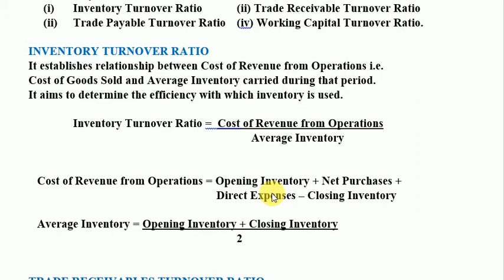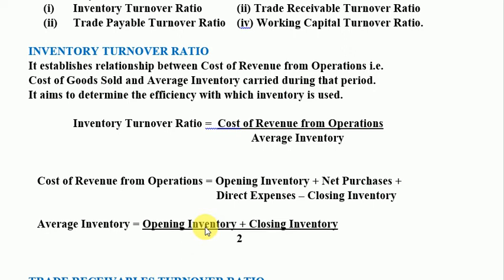Once you arrive at cost of revenue from operations, this is taken in the numerator in the formula, and the denominator is average inventory. Now what is average inventory? Average inventory means opening inventory plus closing inventory divided by 2. Do you remember in trading account we used to show on the debit side the first item, opening stock?